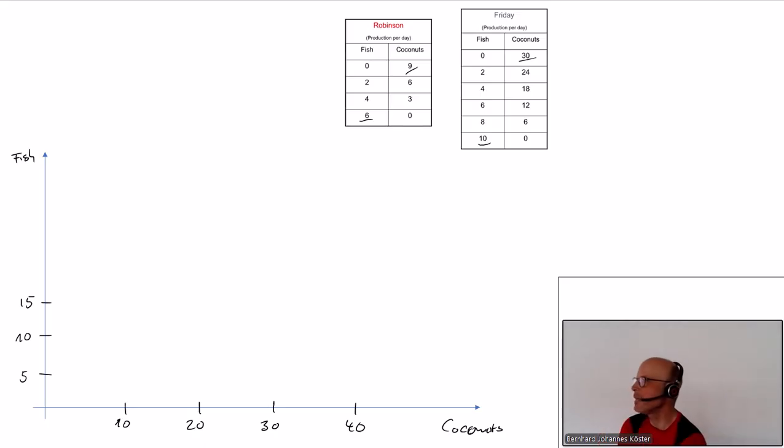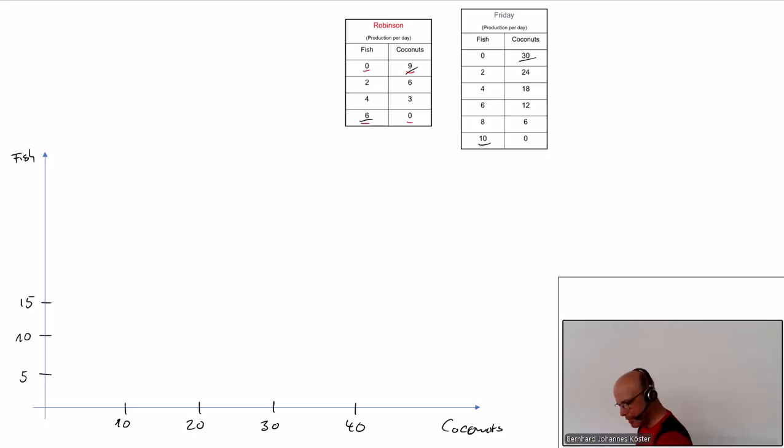So how can I now represent the production possibility for Robinson? Well, since I know that it is a linear dependence here, I just can look at 2 points, and I know that a straight line is defined by 2 points. Then, since I'm a stupid guy, I just use the extremal points.